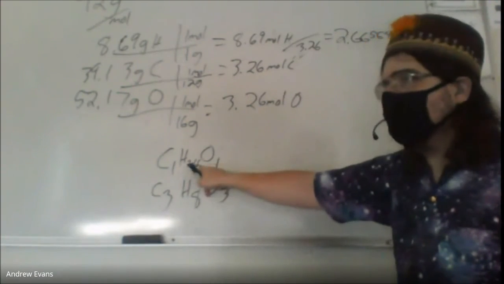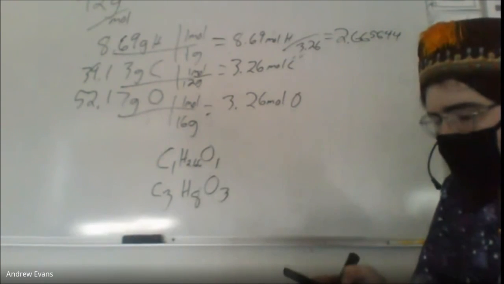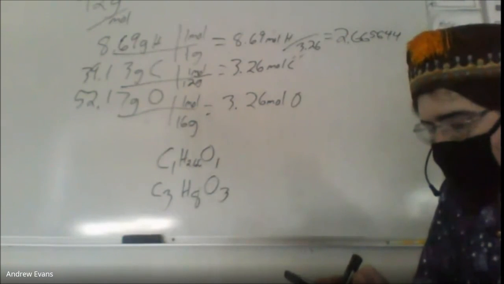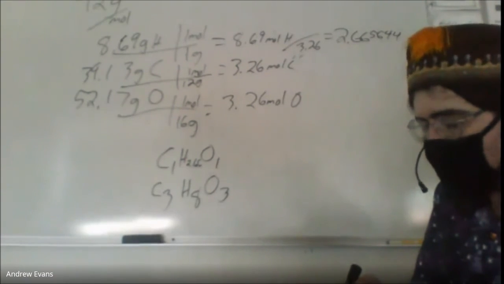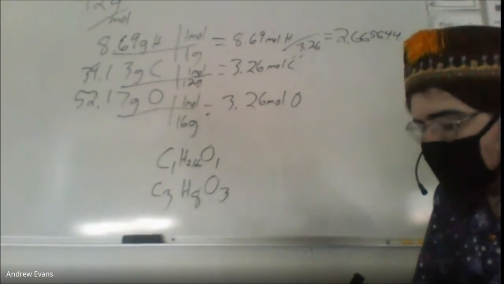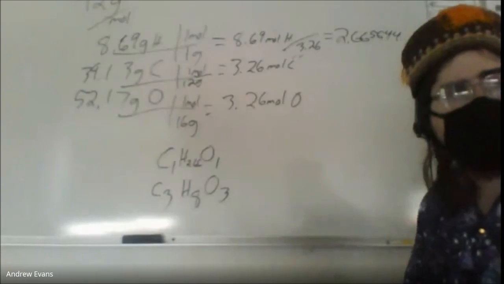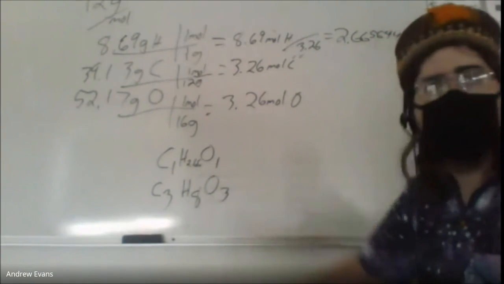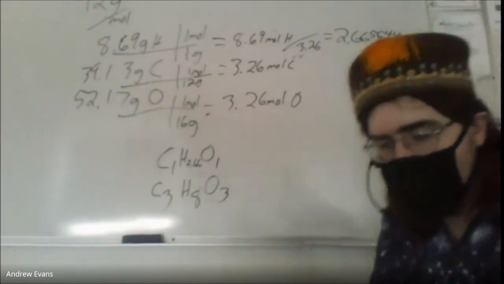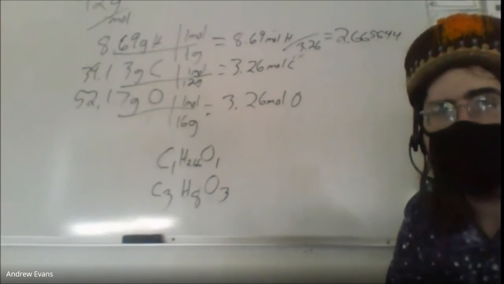But you could check it from this spot. 1 times 12 is 12. 1 times 16 is 16. 1 times 2.66 is 2.66, so 30.66. If I divide 92 by 30.66, I would get that ratio of 3. It's technically 3.0006, but that is pretty close to 3.